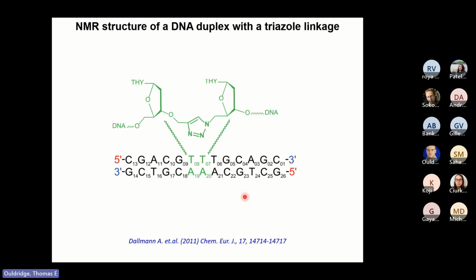So we did some biophysical studies in order to work out what effect the triazole has on the structure of DNA. To do this, we took a short oligonucleotide duplex that contains a single triazole linkage between 2 thymines, as I've shown here. And we studied the structure of this duplex by NMR.